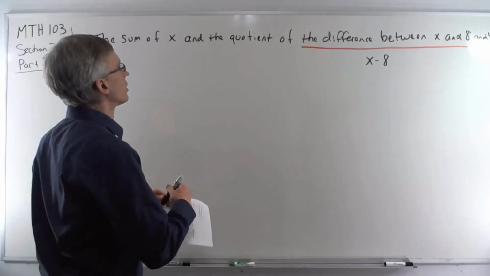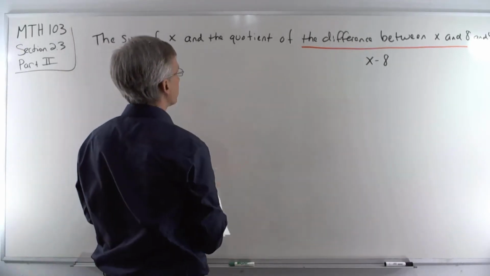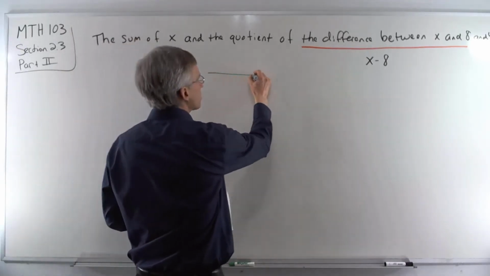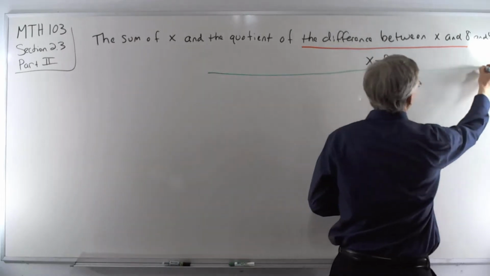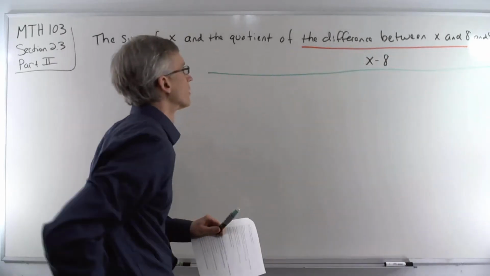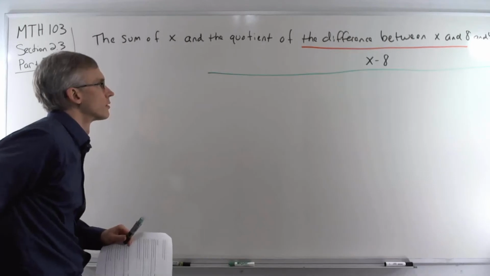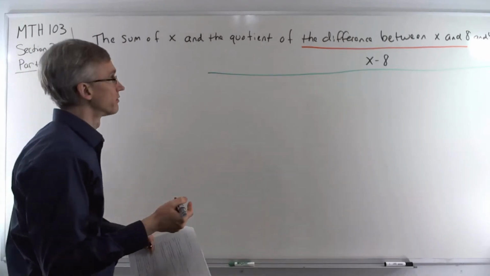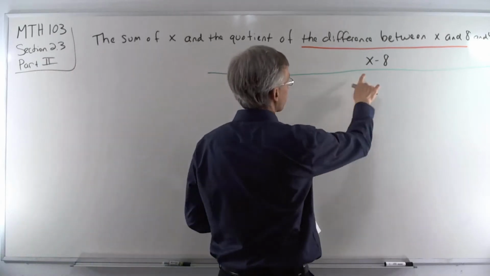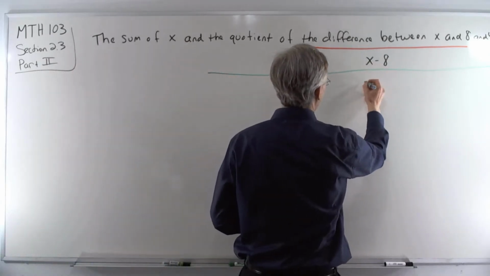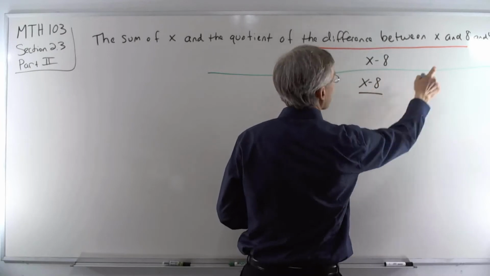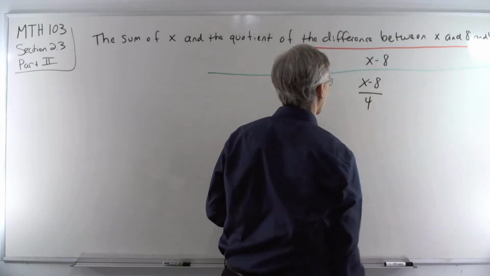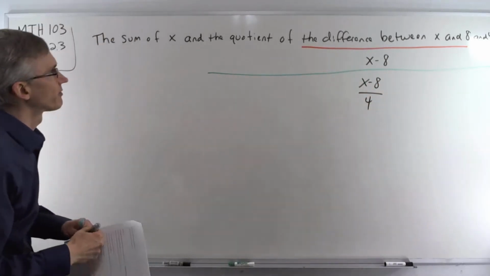Next up, we're going to include this operation now, the quotient. So we'll start here. The quotient of x minus 8 and 4. Quotient is division. So the first thing mentioned, x minus 8, that goes on top. Second thing mentioned is 4, so that goes on the bottom. x minus 8 divided by 4.